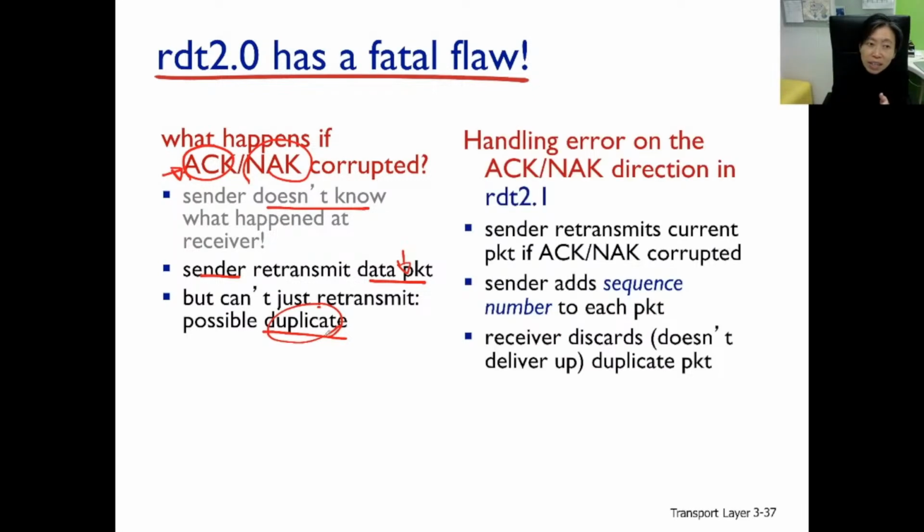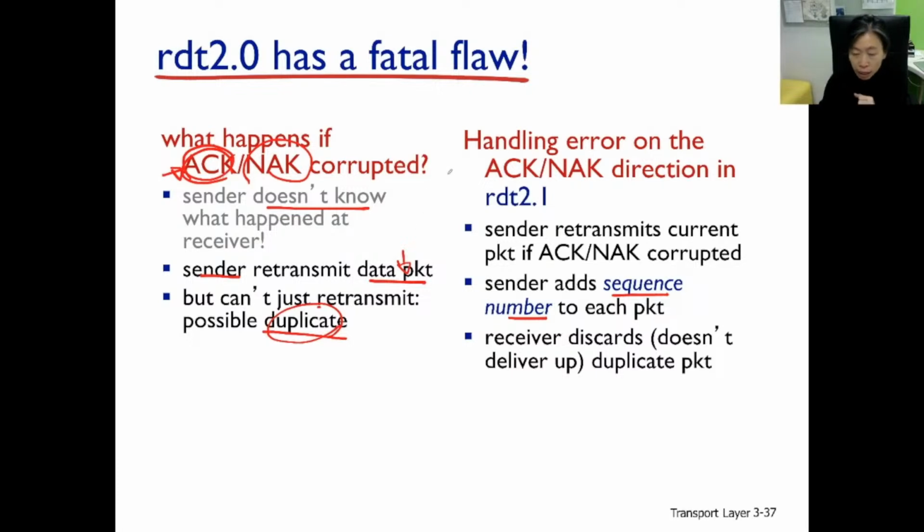So in RDT 2.1, to really address the issue seriously, we need to add a sequence number to the packet sent, so that the receiver side can check the sequence number and see if the packet that has already been received earlier matches the sequence number that the receiver is receiving now. If they match, then that is very likely a duplicate from the sender, and the corrupted feedback is an ACK.